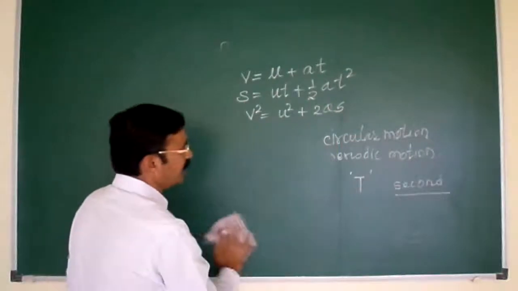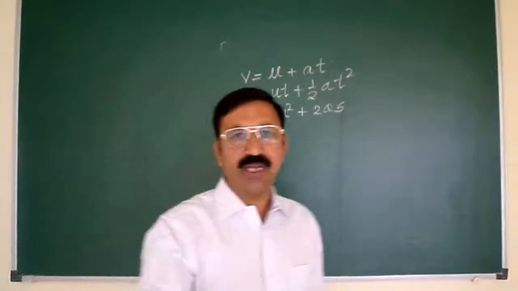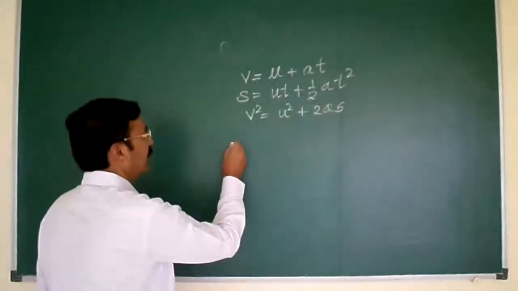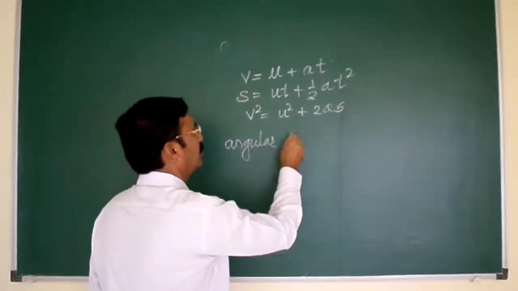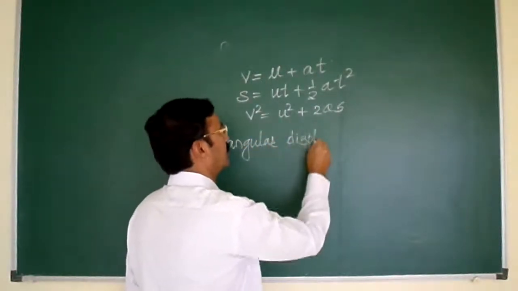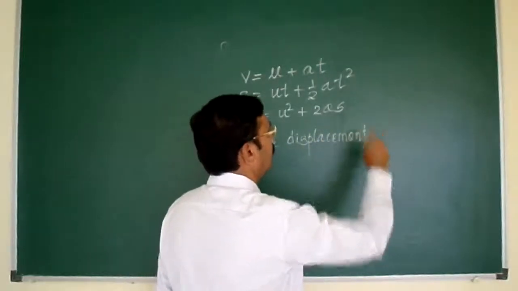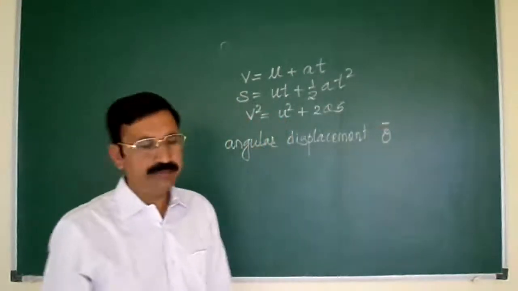So in circular motion, again we define some physical quantities like angular displacement, denoted by theta bar.